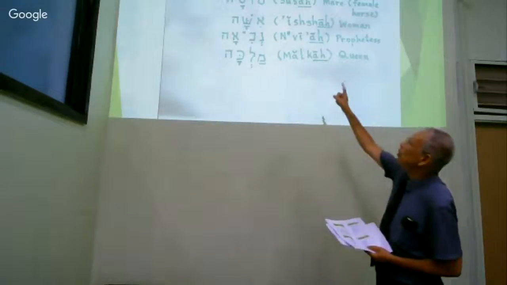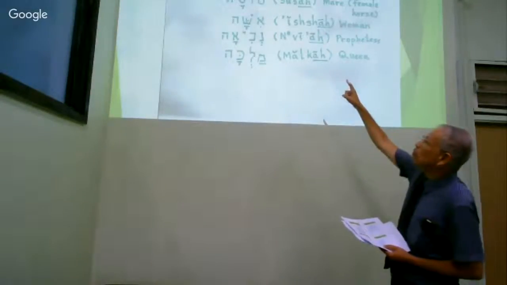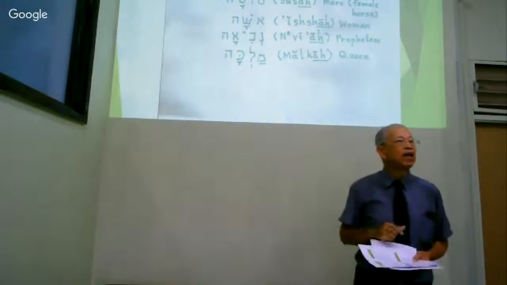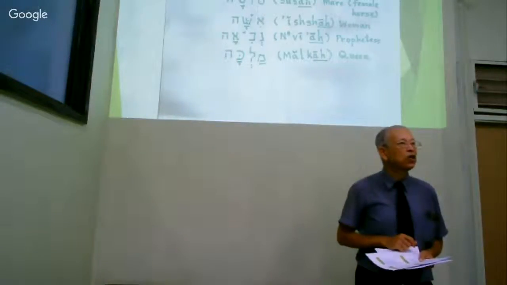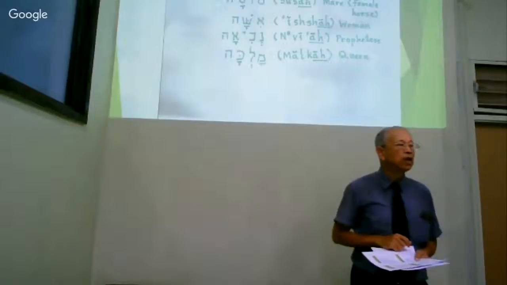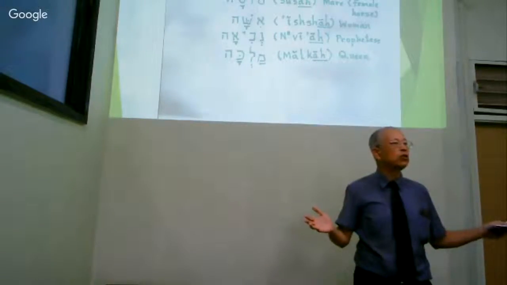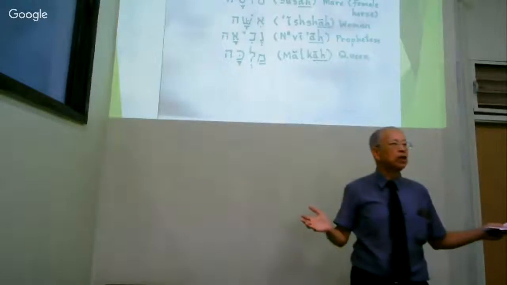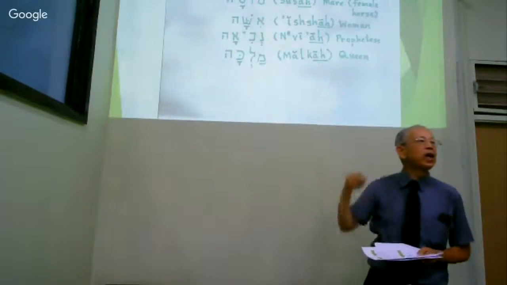If you notice in the first word up there, Zeus was the name of horse. The masculine singular noun was Zeus. And all you need to do to change it from a masculine horse to a feminine horse is to add kames and he at the end.